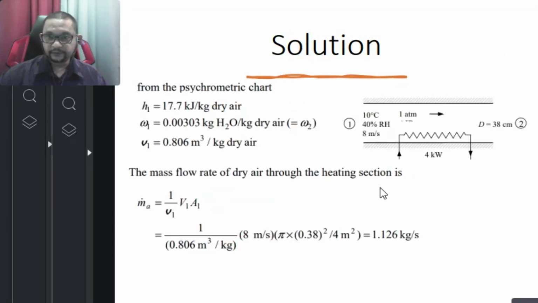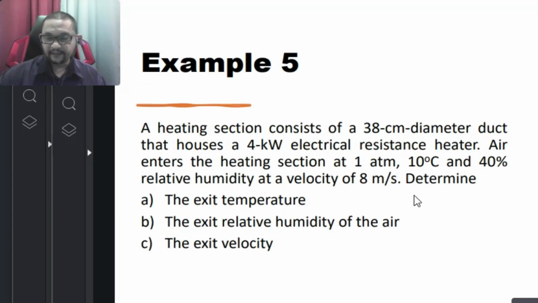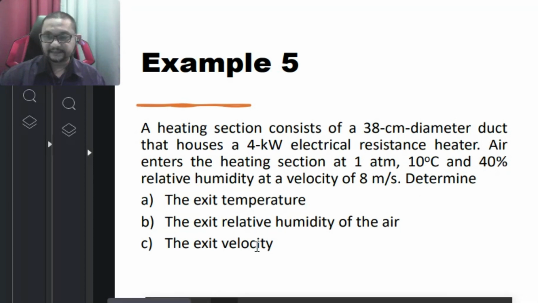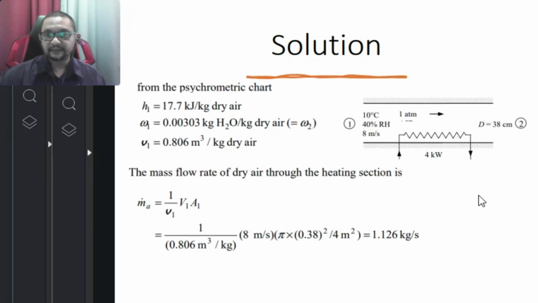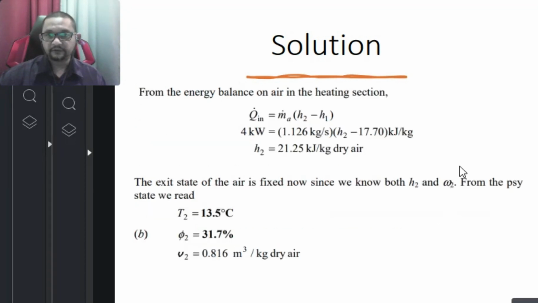So in this example, we have solved all three determinations: exit temperature, exit relative humidity, and exit velocity. You have to know how to read the psychrometric chart to solve this example or this question.